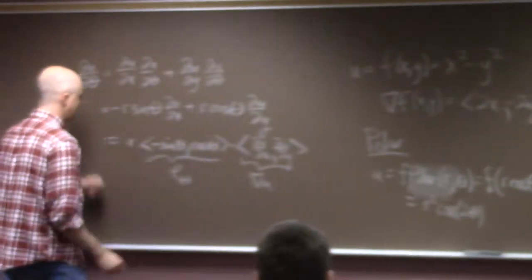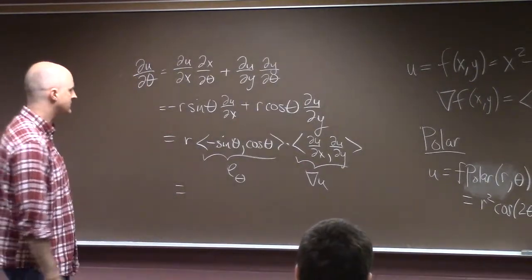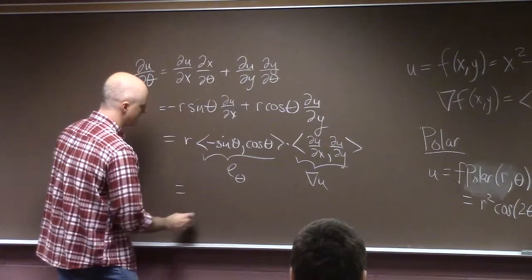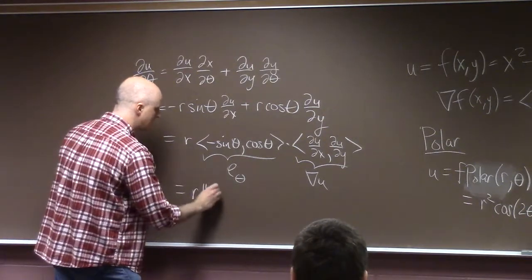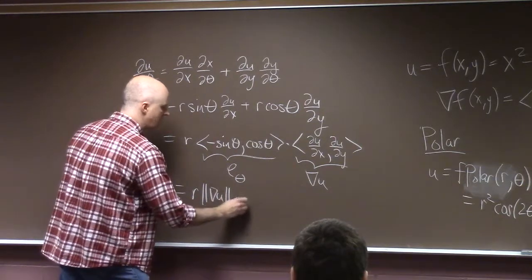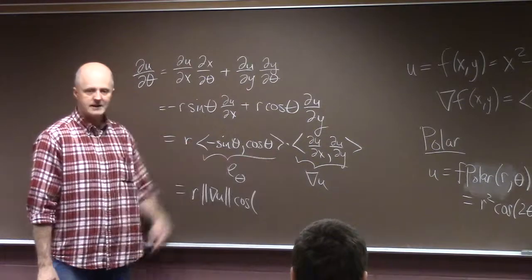Coming back over here for this one, du d theta equals this, and that can also be written in terms of magnitudes. Again, E theta has a length of 1. The r's got to stay there. r times the magnitude of the gradient times the cosine of the angle between E theta and the gradient.